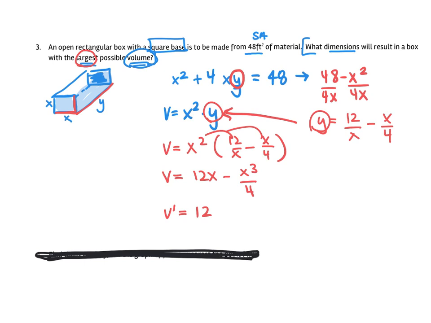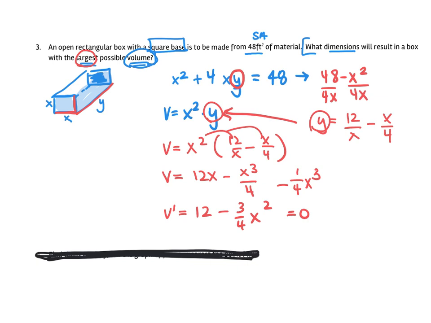So this gives me 12, and this, remember, is the same as negative 1/4 x to the third. So when I multiply by 3, I get negative 3/4, and then subtract the 1 on the x, so x squared. And then I'll set that equal to 0.